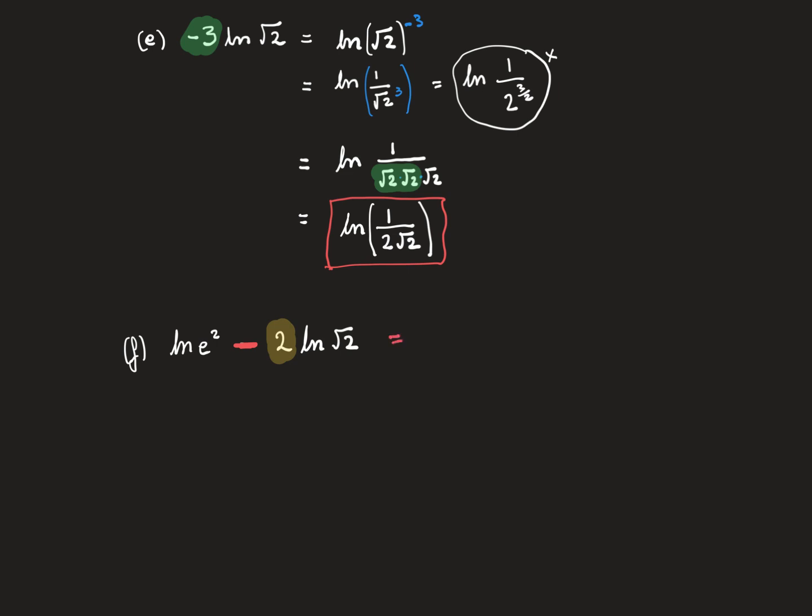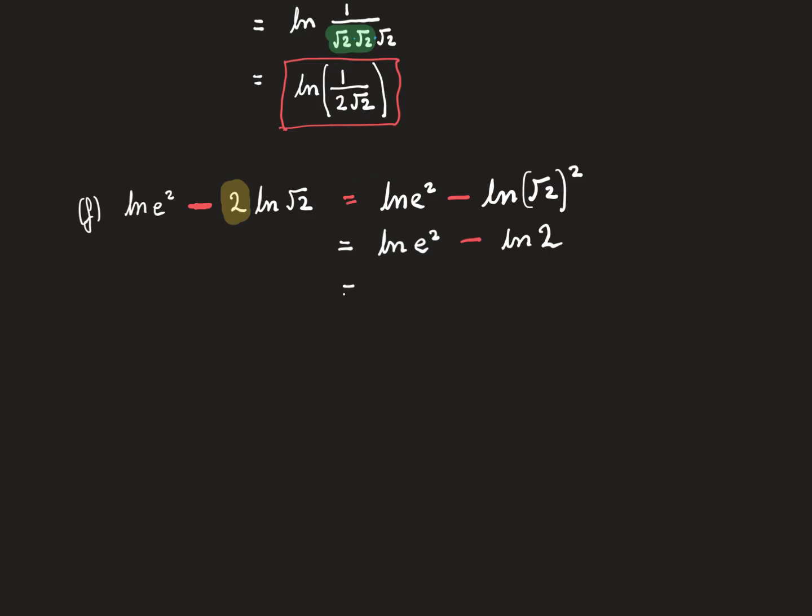So my answer now will be ln e squared minus ln root 2, and I need to square that. I hope you realize that root 2 times root 2, or root 2 squared, is actually just plain 2. And this allows us to use that second law where we write ln e squared over 2.